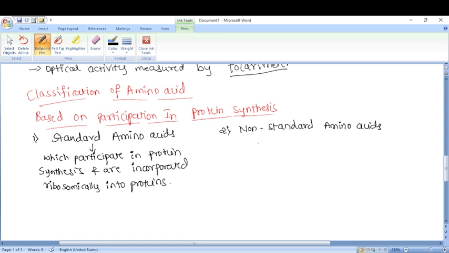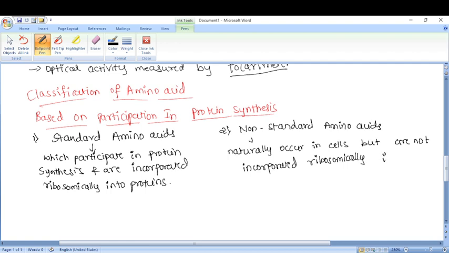Next one, non-standard amino acids. These are the amino acids which naturally occur in cells but are not incorporated ribosomically into proteins.